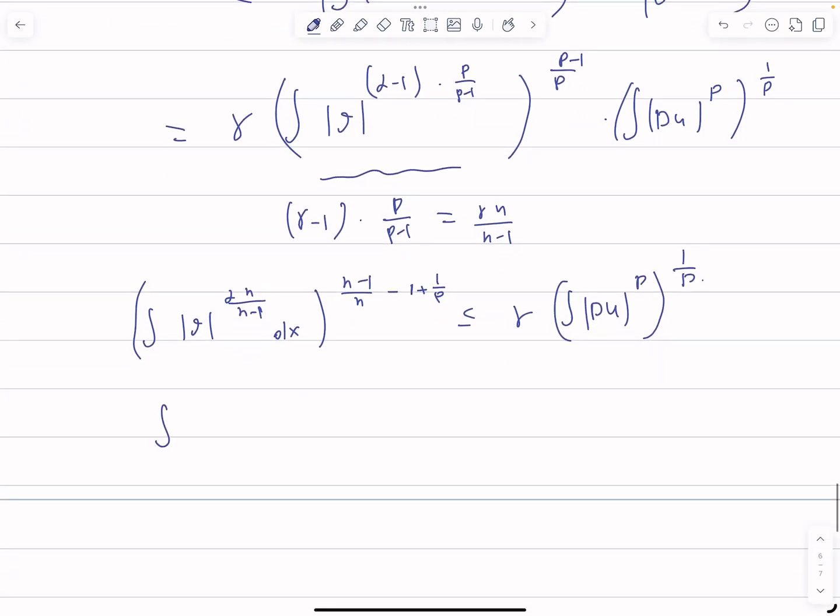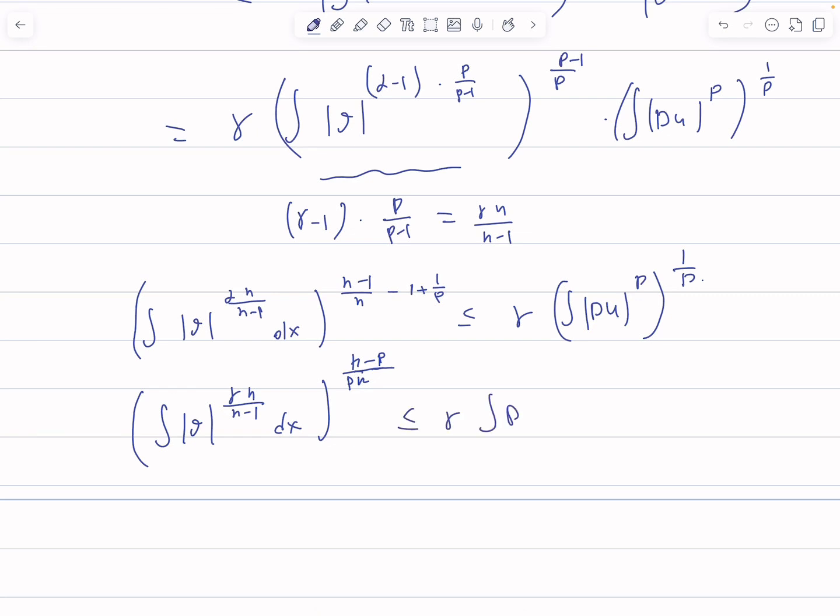So this will be the integral of |v| to the power lambda n over n minus 1 dx, to the power 1 over p minus 1 over n, which is pn over n minus p, times lambda integral dv to the power p, to the power 1 over p.